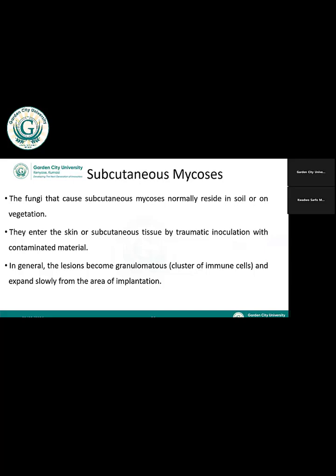Just like the superficial, you can have topical and then oral treatment. The antifungal drugs are also recommended orally because it's not superficial.